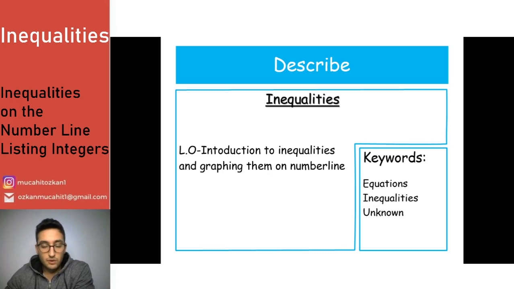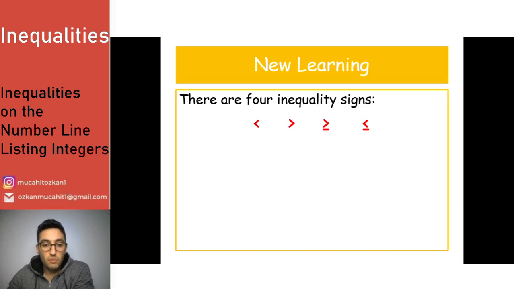Inequalities and equations are quite similar, but in inequalities, instead of having just one single answer, we have a bunch of answers. And we have four different signs in inequality, which are shown on the screen right now. In the first one, let's say a is less than 4.